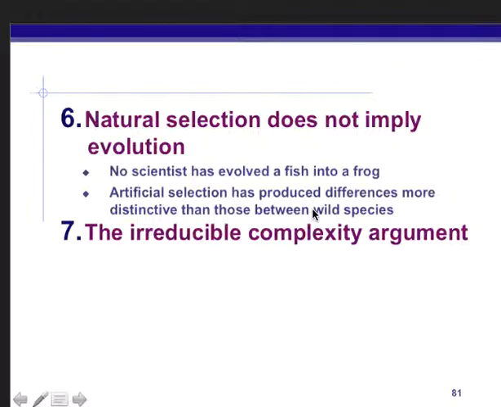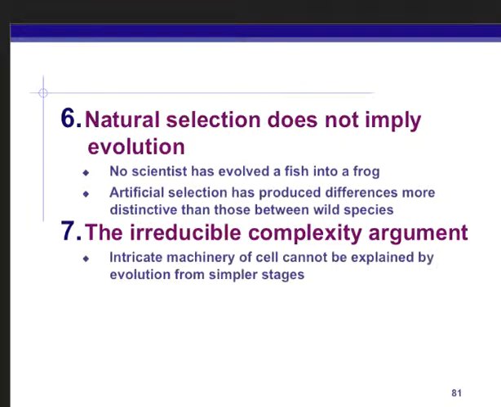And this one is really an interesting one, the irreducible complexity argument. Irreducible complexity says that the intricate machinery of a cell can't be explained by evolution from simpler stages. And if any of it holds water, I think some of this is really interesting.